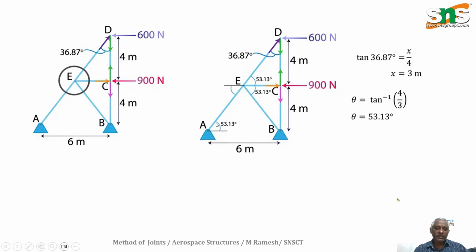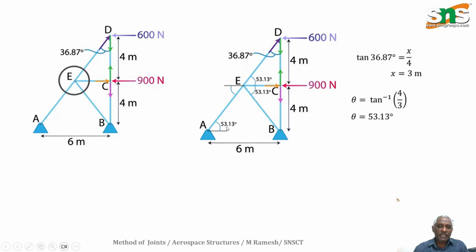Then what about this other angle? If you take the full right angle triangle ADB, this angle can be found out. Tan theta is equal to opposite by adjacent, 8 by 6. Putting 8 by 6, that is equal to 53.13 degree.